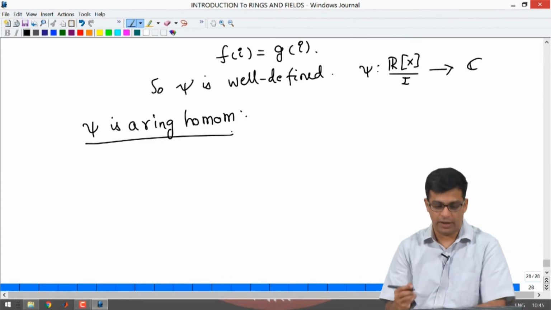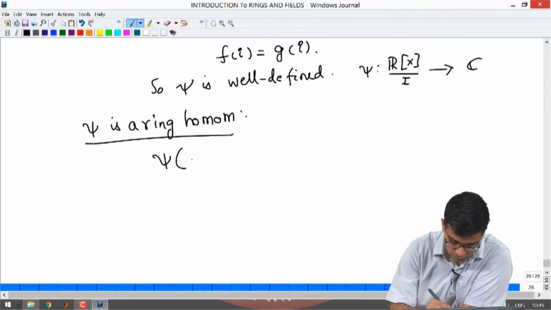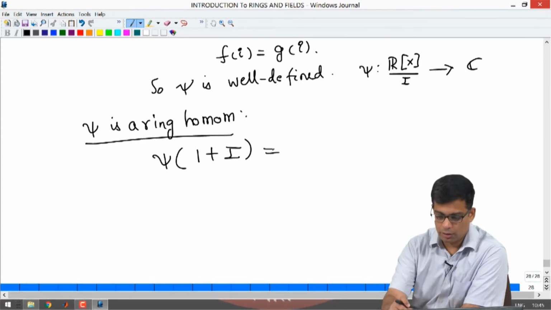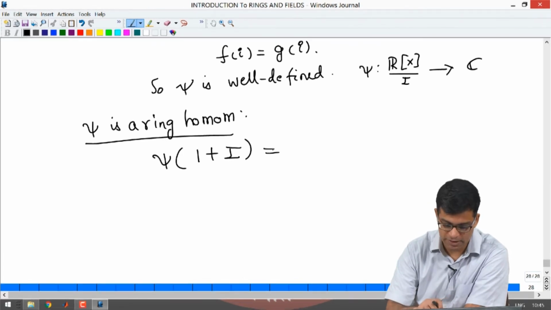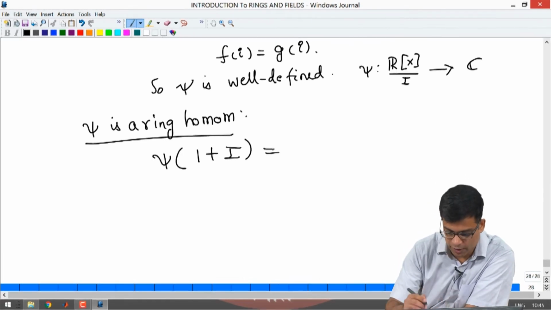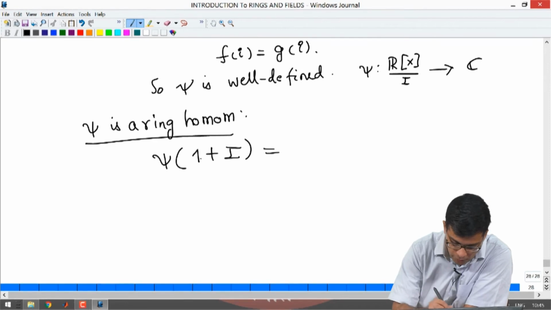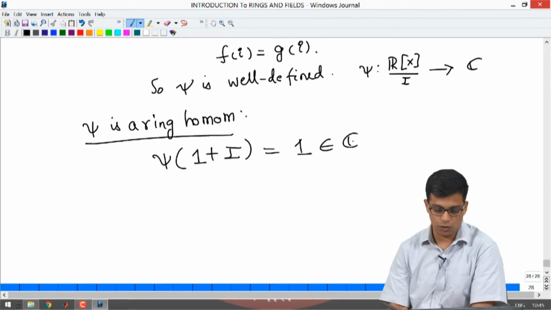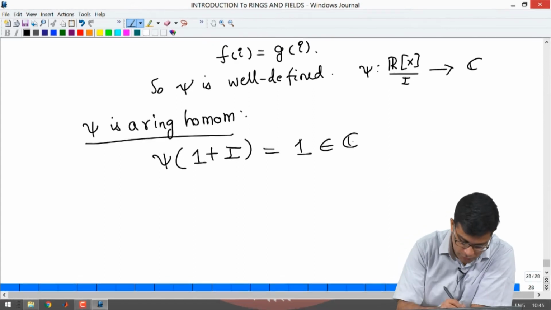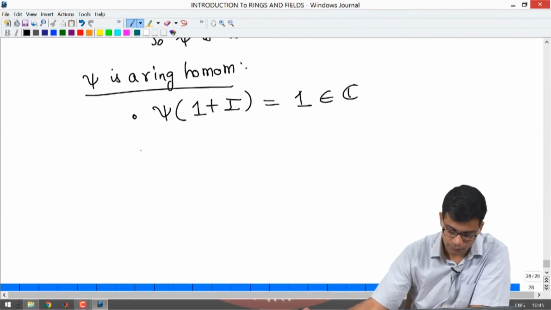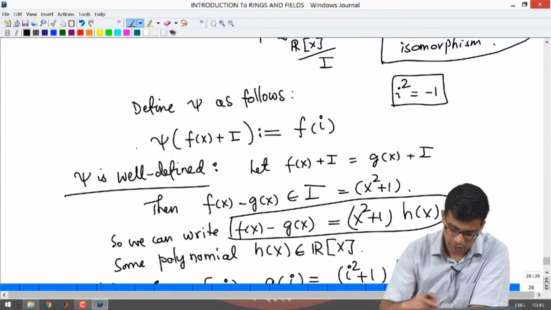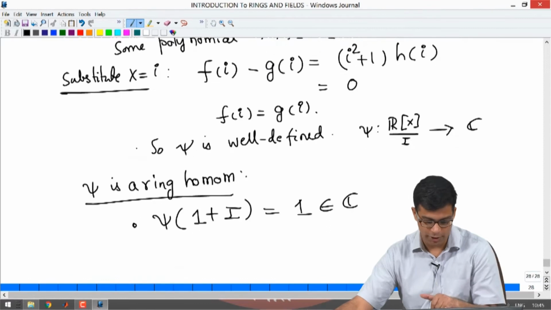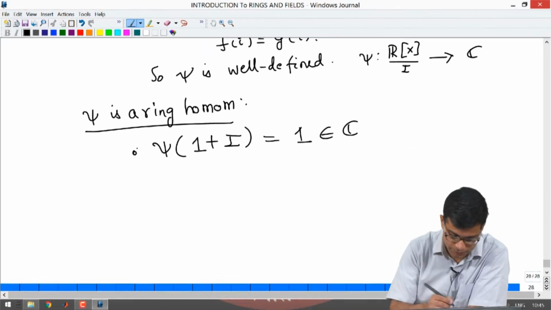Okay, this is actually very easy because psi of 1 plus I, remember, the identity element of R[x]/I is 1 plus I, and what is psi of that? It is the polynomial 1 evaluated at i, which is 1. So, psi of 1 is 1. Remember, psi of f(x) + I is f(i). So, if f(x) is constant, it is just that constant, 1 + I goes to 1.